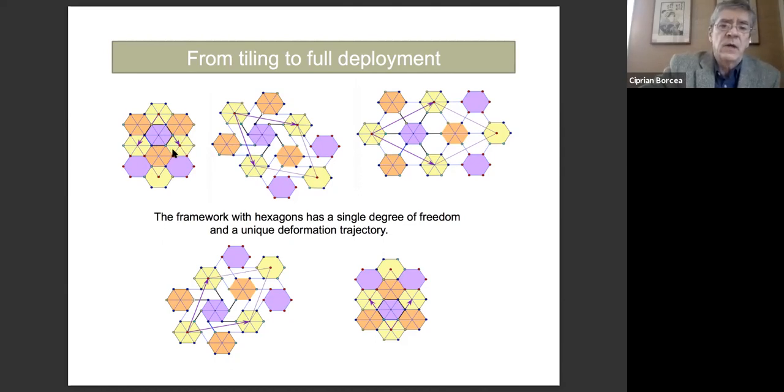And now we can open up. So you see this arm initially was aligned there with the edge, so it's camouflaged by being aligned with the edge. But now we open up, and this is an intermediate position. And if we go to the full deployment, we reach this stage.